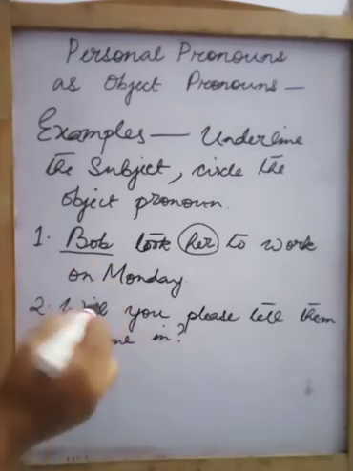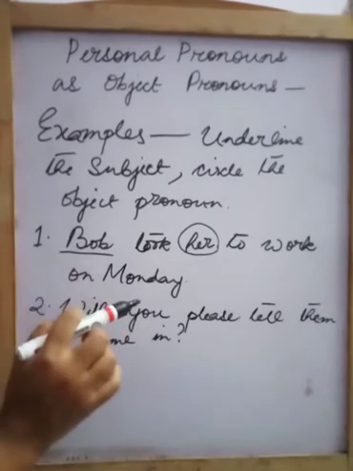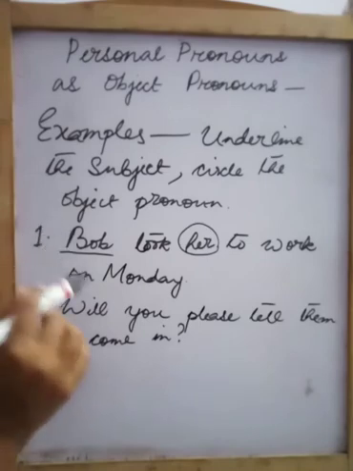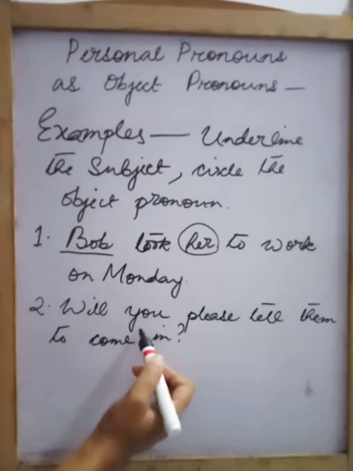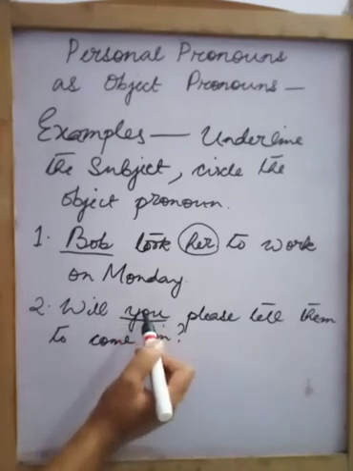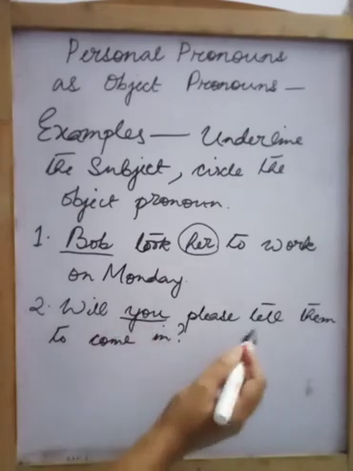Now see, in this sentence there is no noun. One is an object pronoun, one is a subject pronoun. So which is the subject? You remember the personal pronoun, the subject pronoun was what? I, you. It was the first person. So I will underline this. This is the subject pronoun. It is not a noun. It is a subject pronoun, not a subject noun. So will you please tell them?